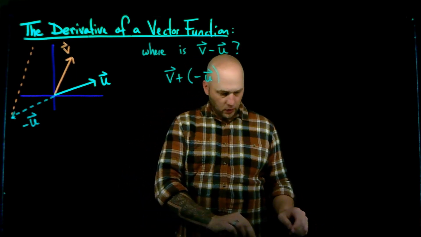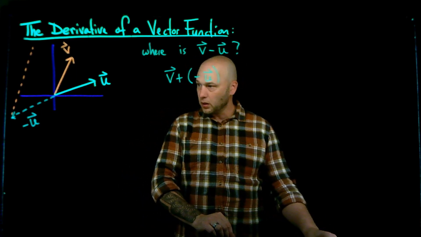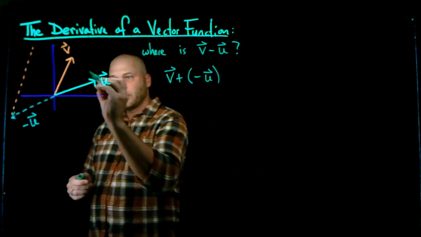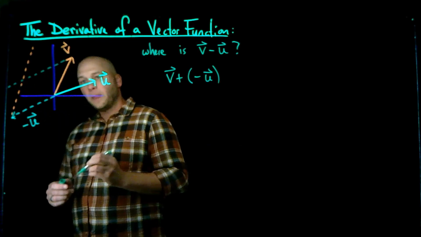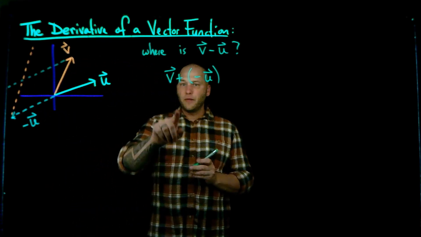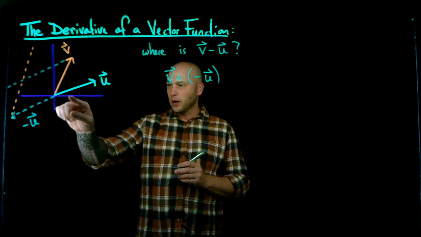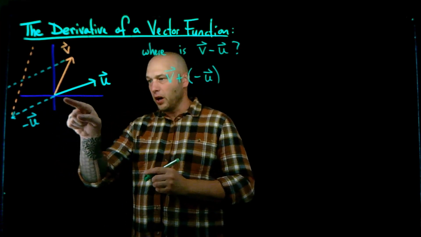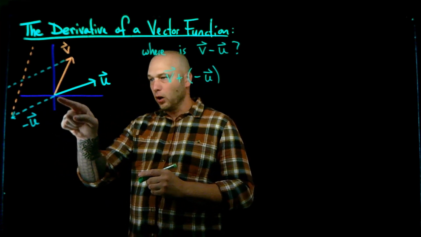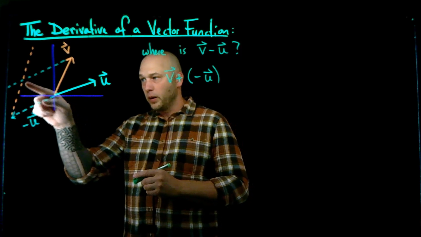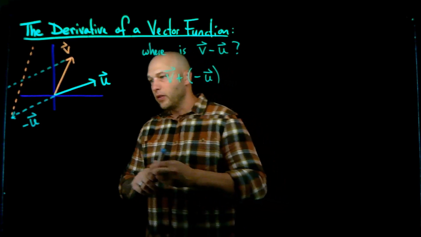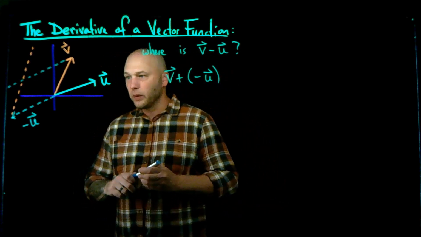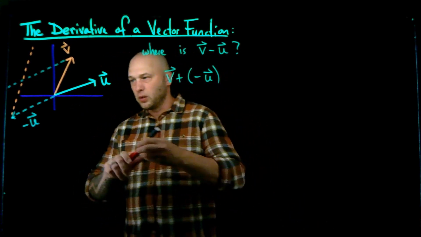And remember, to add v plus negative u, I use the parallelogram law, which means I start at the origin and the terminal point of the sum would be the intersection of those two line segments. So therefore, I would have the following.